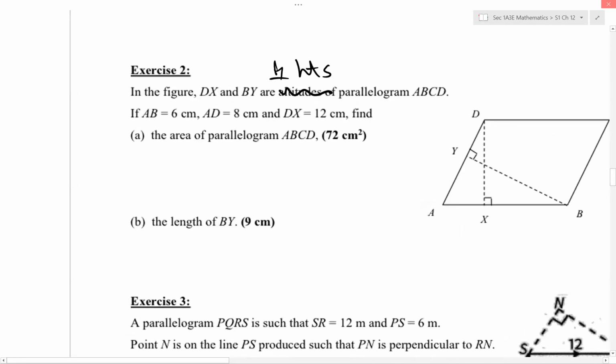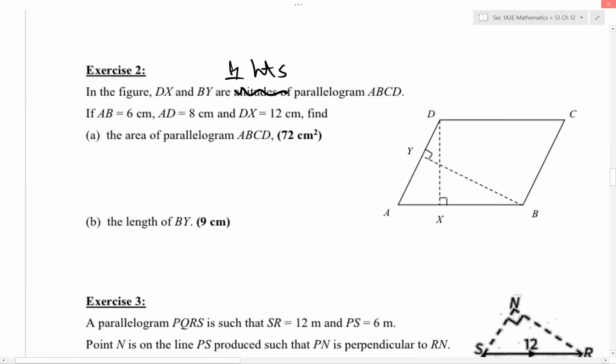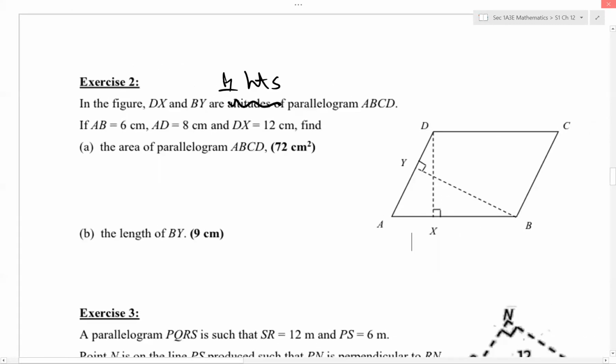So for the area of this parallelogram, we have some distances that we can use. AB is 6 cm, AD is 8 cm, dx is 12 cm. With all this information, what will you choose as the base to find the area?